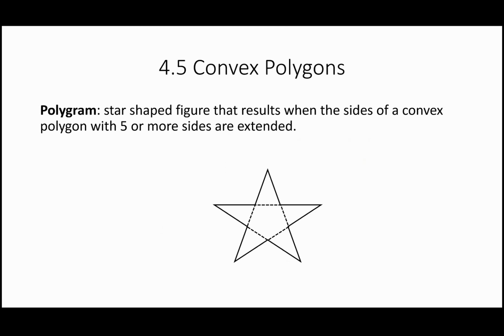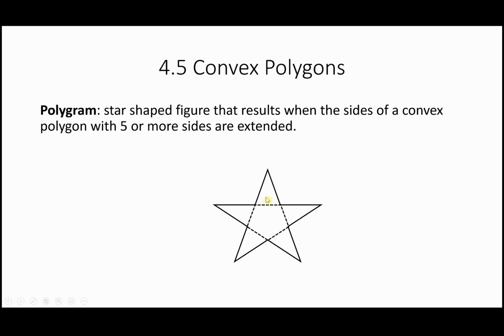The last thing I wanted to discuss here are polygrams, which are specially defined concave polygons, and they always have this interior polygon structure because they are formed when you attach isosceles triangles to the outer edges of a regular polygon, so to speak.